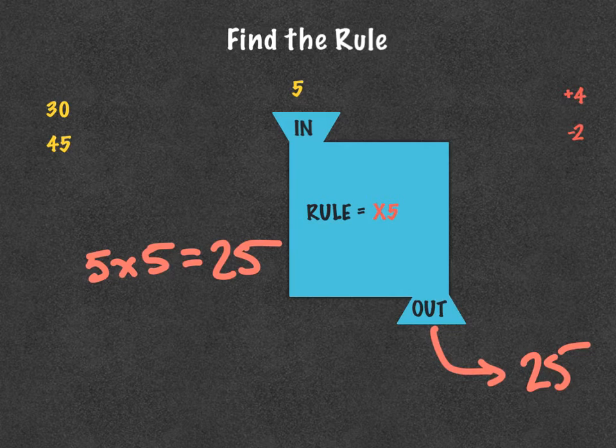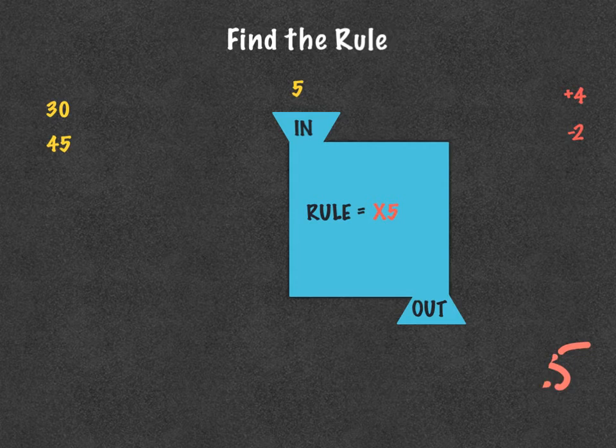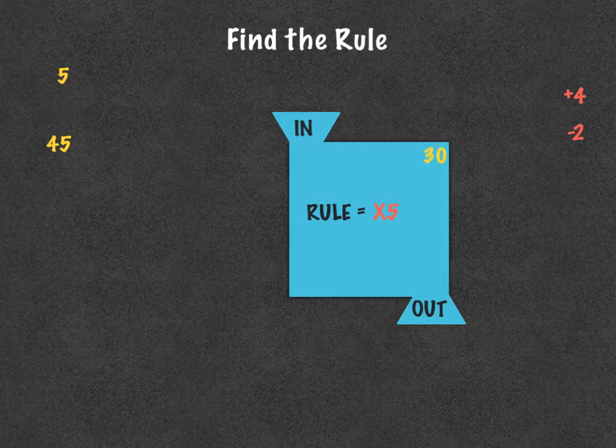Now let's say that we are going to go backwards through our function machine. That means we're going to have to do the inverse operation, or the opposite operation. The math term for that is inverse.